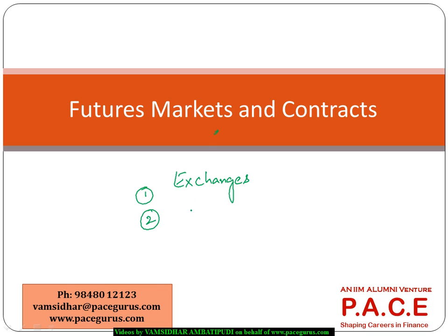And in the futures market, we talk about margins and even the concept of mark to market, where settlements generally happen on a daily basis, whereas in the forward market, settlements generally happen at the end of the contract period.